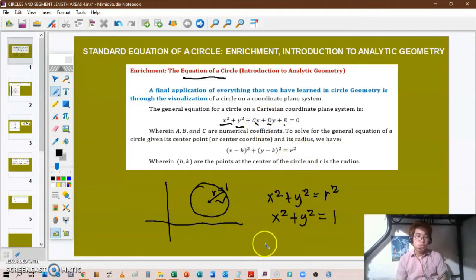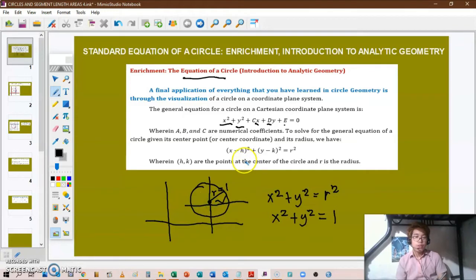It comes from a different center point. Let's say for example the center point is not at 0. This only happens, guys, when the center point for our circle is at 0.